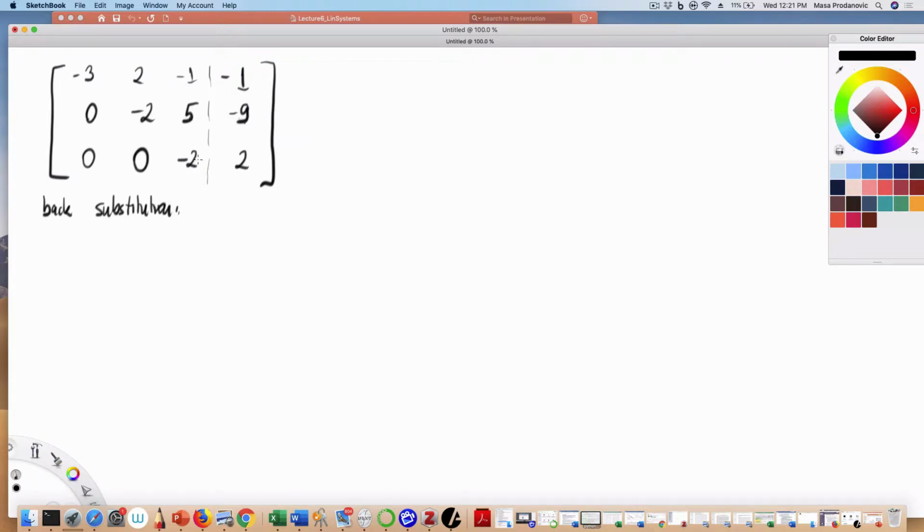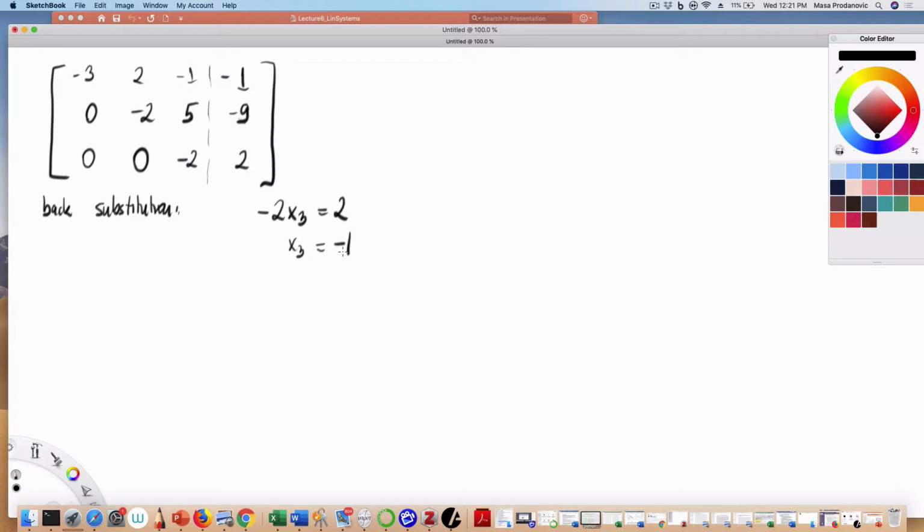My last equation is actually -2 x3 is equal to 2. So my x3 is -1, right?